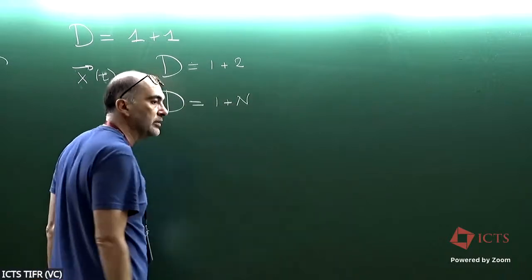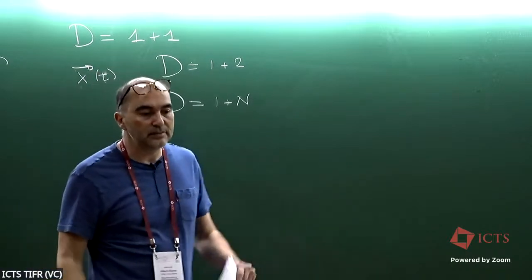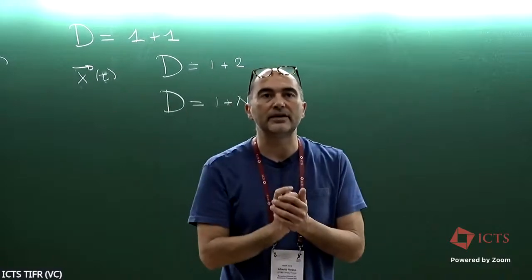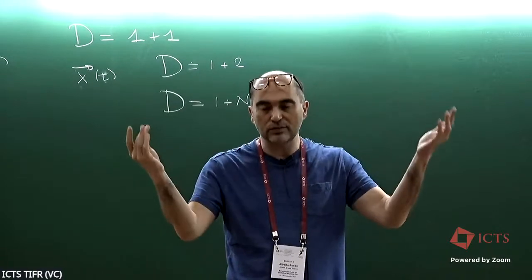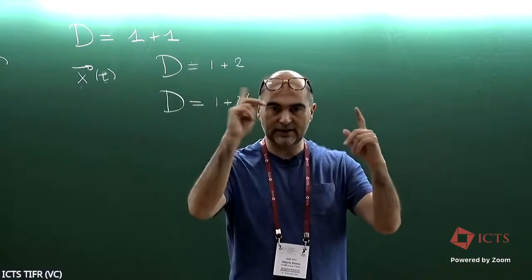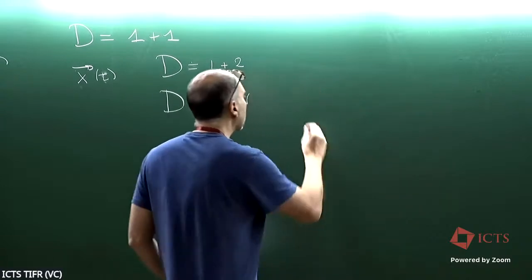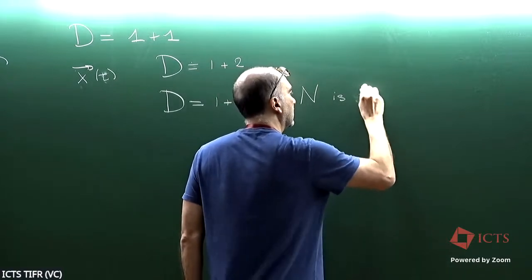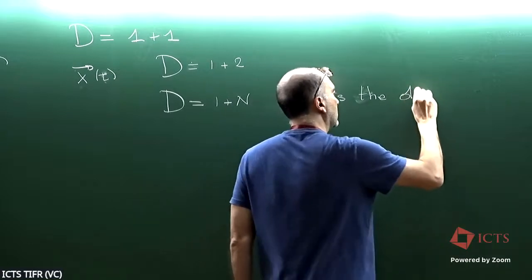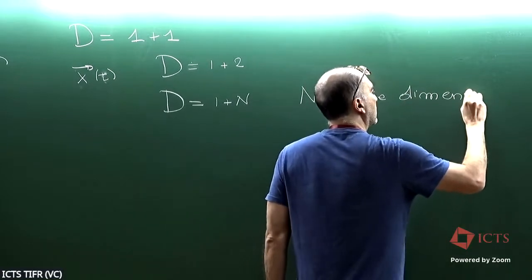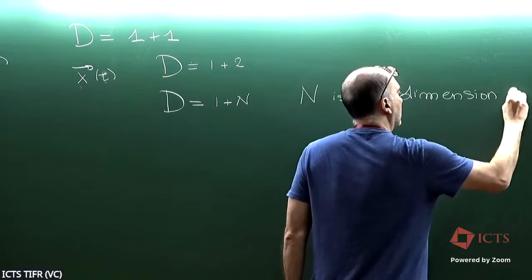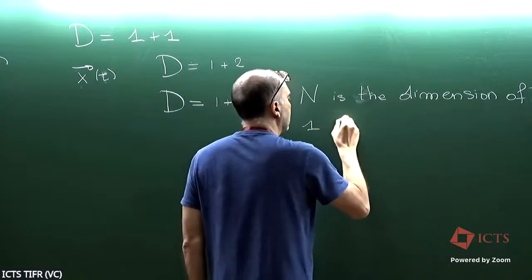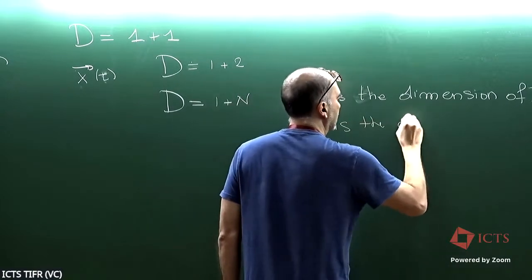This is a polymer that moves in an embedded space, which is n dimensional. So the embedded space is 1 plus n, where n is the dimension of x, and 1 is the internal dimension.